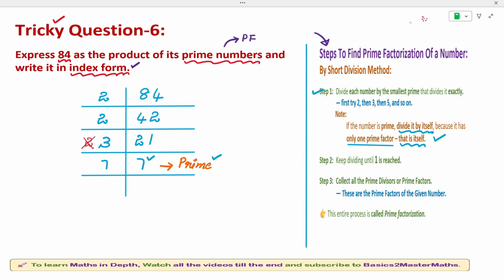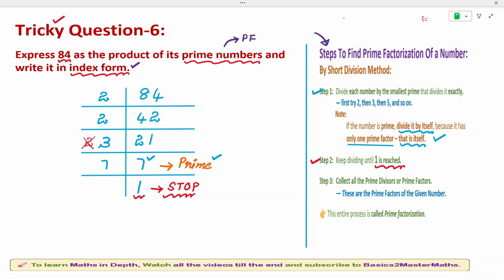Since 7 divides 7 exactly, we get 1. As per step 2, please stop here since 1 is reached.